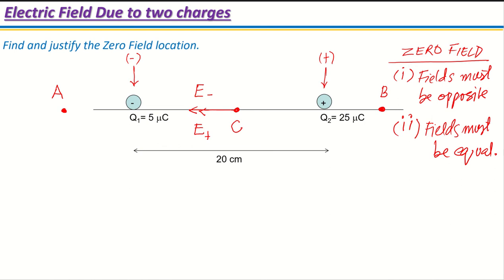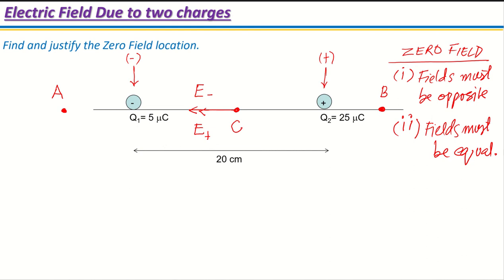Therefore, there is no possibility that the electric field could be zero between Q1 and Q2. The situation will be different if the signs of Q1 and Q2 are the same. Then you can actually have opposite directions in between.